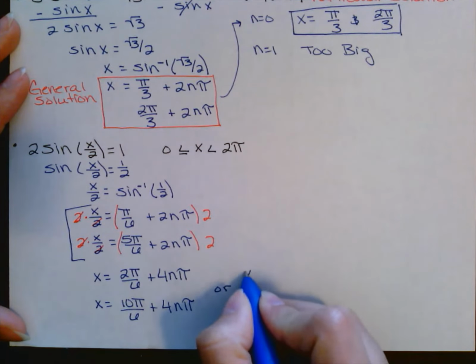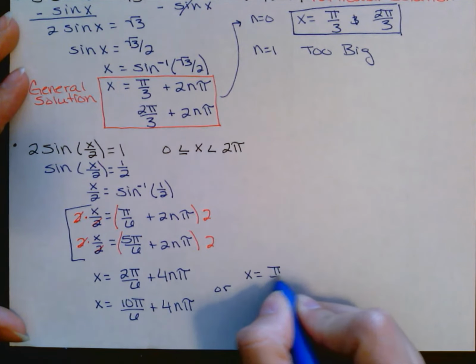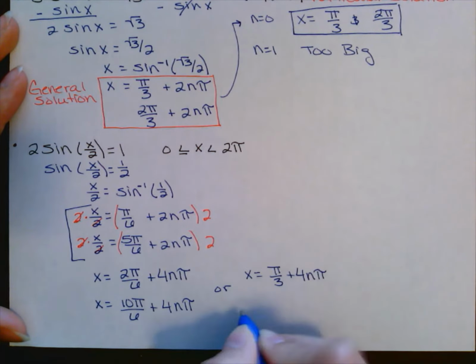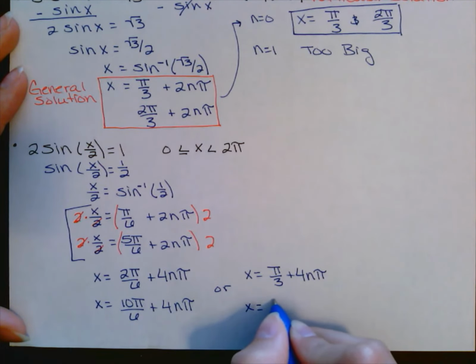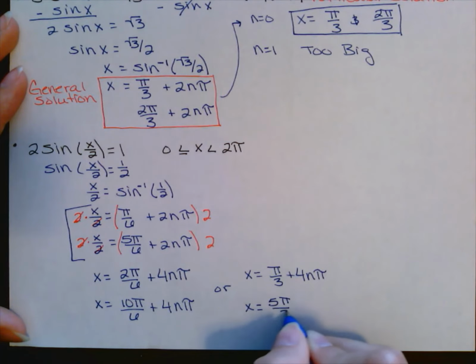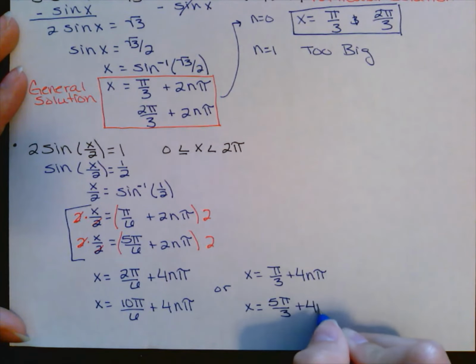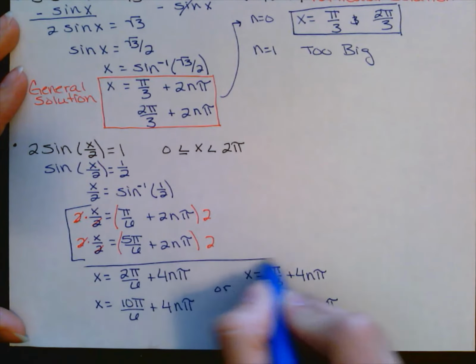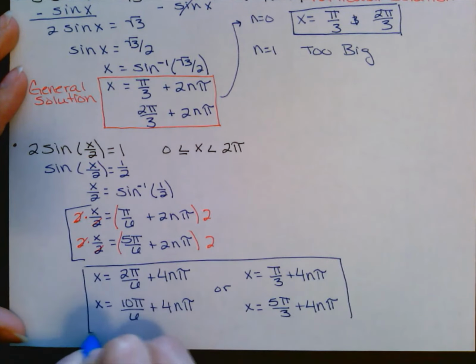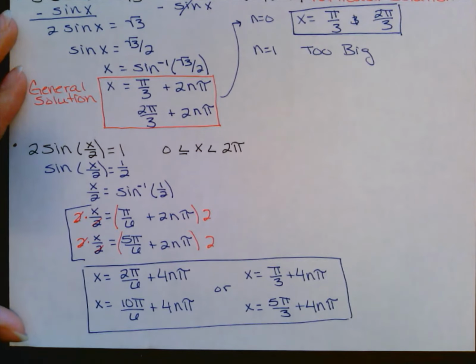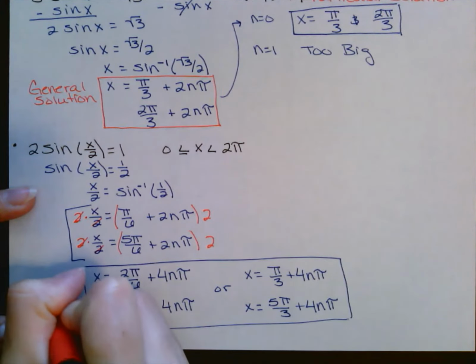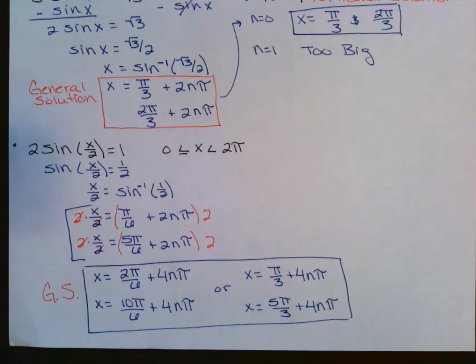Okay. If you'd like to see this reduced, we can say that x equals pi over 3 plus 4n pi, and x equals 5 pi over 3 plus 4n pi. At this point, I have my general solution. I'm going to put a GS for general solution, save some time.